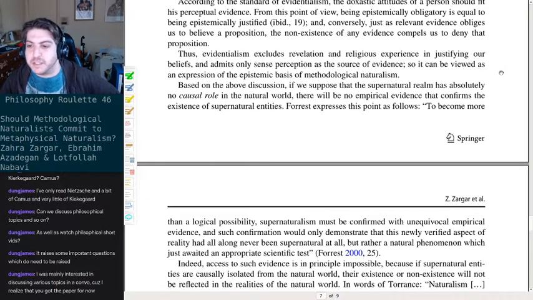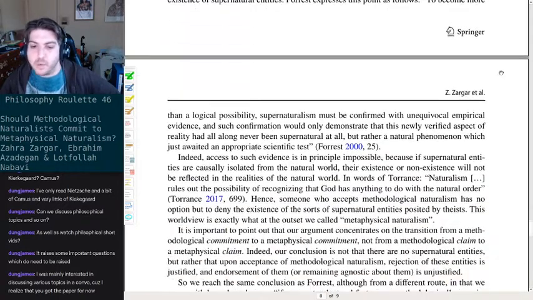Forrest expresses this point as follows: to become more than a logical possibility, supernaturalism must be confirmed with univocal empirical evidence, and such confirmation would only demonstrate that this newly verified aspect of reality had all along never been supernatural at all, but rather a natural phenomenon which just awaited an appropriate scientific test.